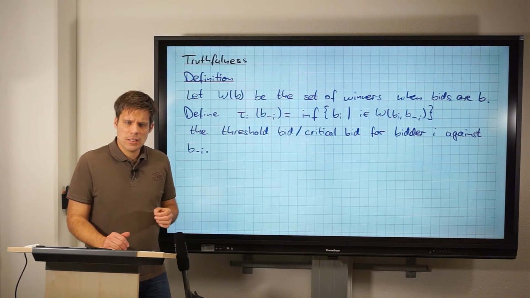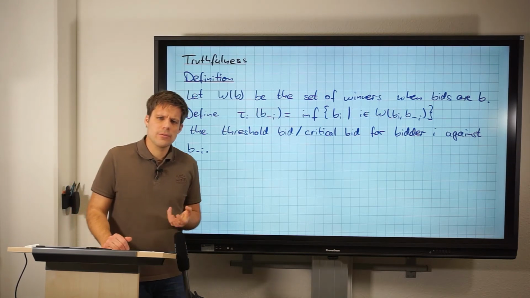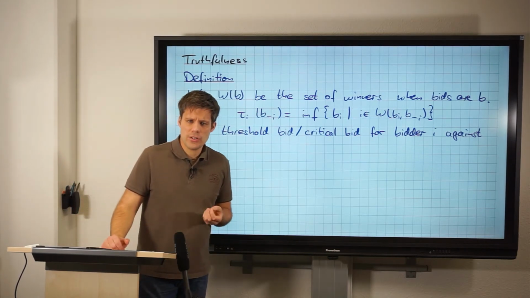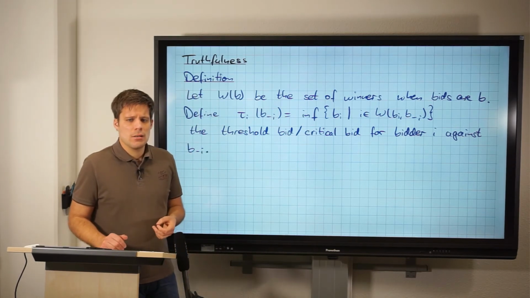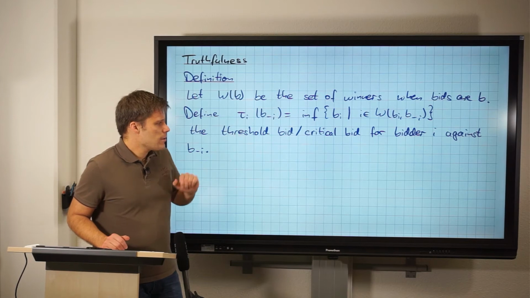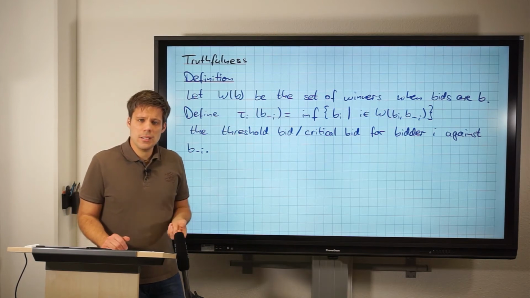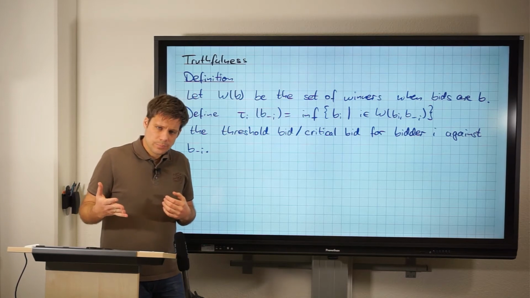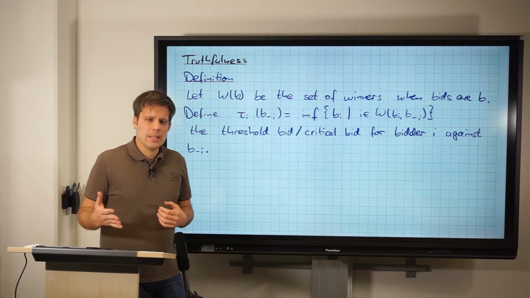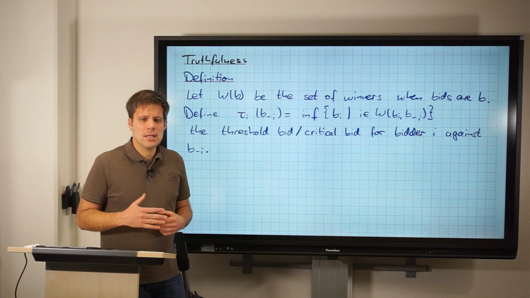This is actually a crucial thing if you, for example, think of a first price auction, because there you definitely want to bid this threshold bid or the critical bid, because this is the bid that lets you pay least and still win the item.